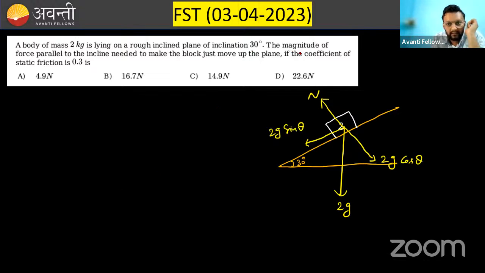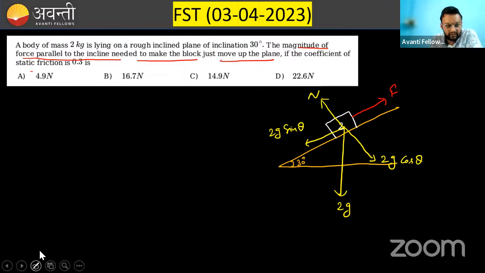They are saying the magnitude of force parallel to the inclined needed to make the block just move up the plane. That means they want us to calculate the force which is required to move this block in the upward direction. If the block is moving in the upward direction, then the friction will be acting in the downward direction.